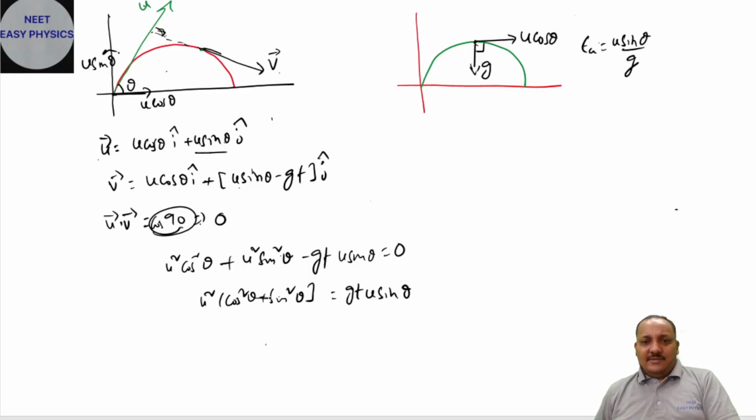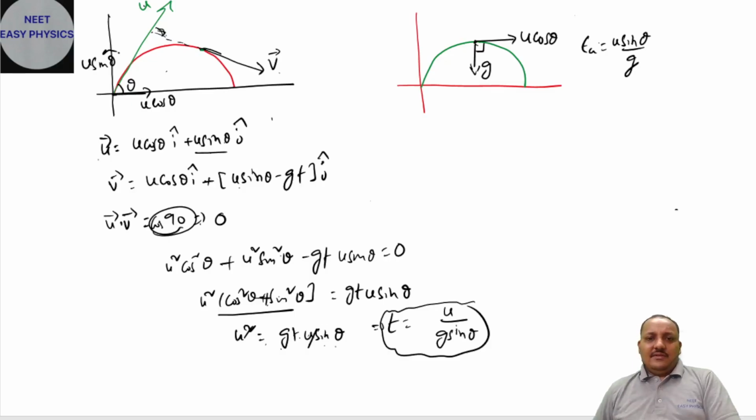So sin square theta plus cos square theta is 1. So from this equation, we can write u square equal to gt u sin theta. So one u is cancelled, then t is equal to u by g sin theta.